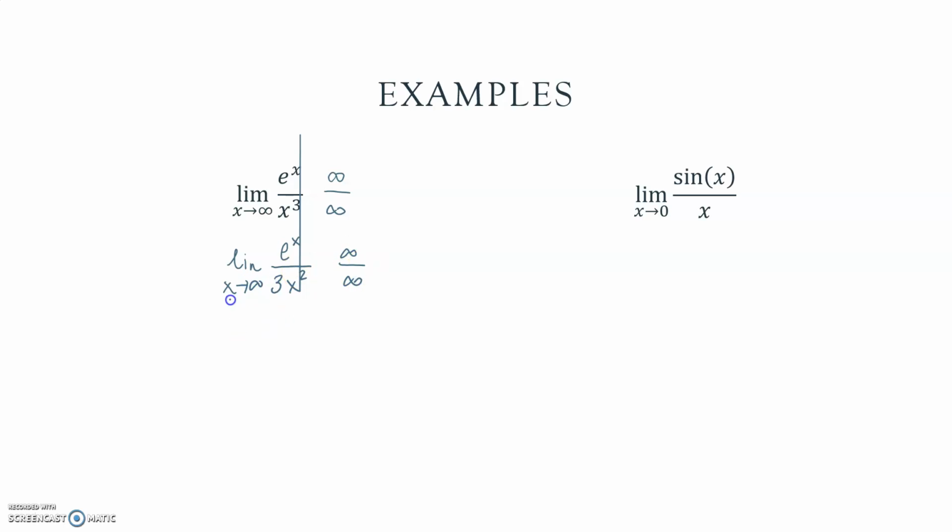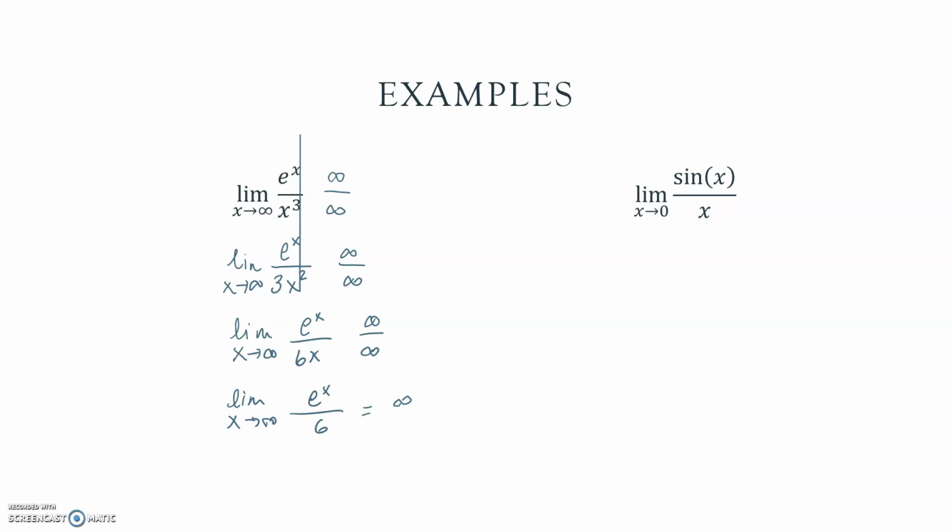So I do it again. I still get infinity over infinity, so I do it again. And now I have infinity over 6, which is still infinity.